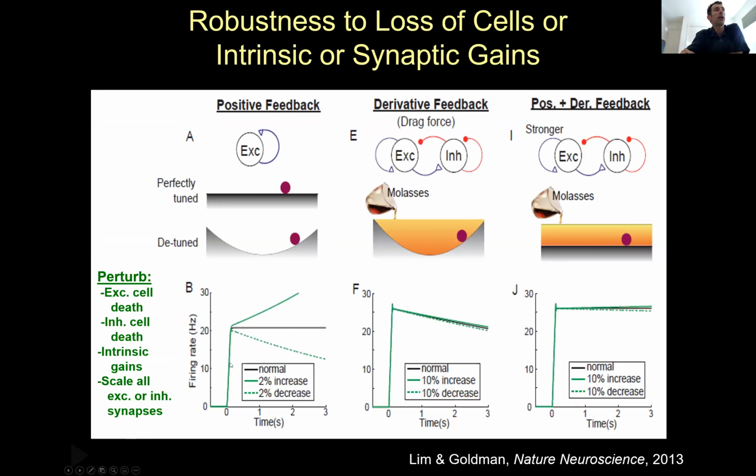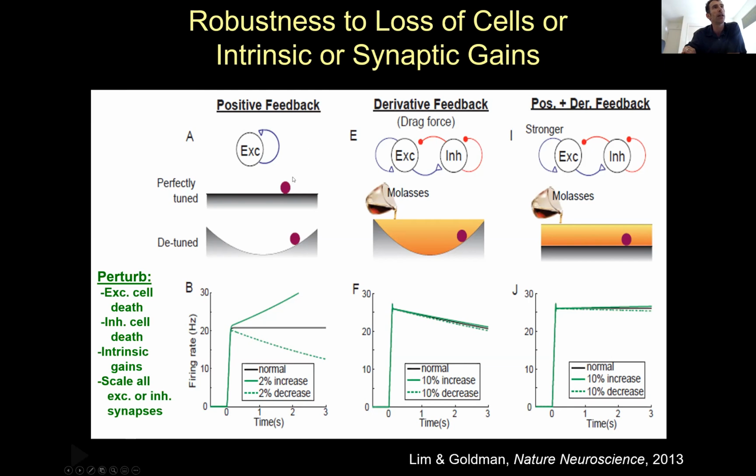What I'm going to show you here is the effect of perturbations on the network. One of the things that's well known is that these networks, which are mathematically line attractors, are very not robust. And typically the positive feedback networks are not robust to almost any perturbation one can imagine. So here's just the cartoon of a simple excitatory positive feedback network.